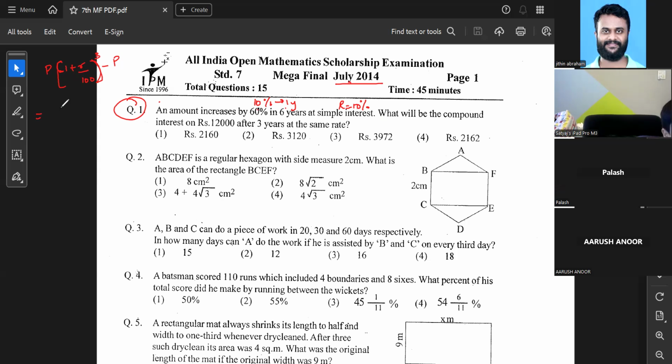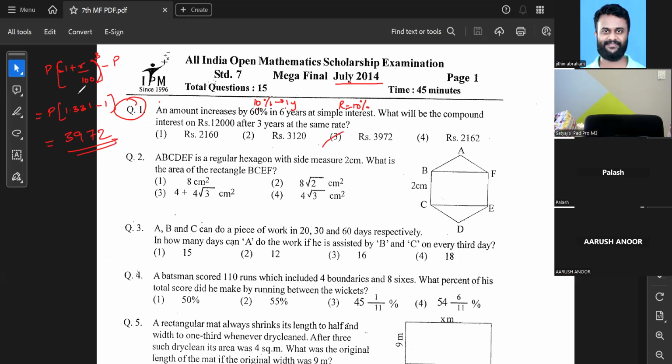So your answer will be P(1.331 minus 1). Principal is 12,000. 12,000 multiplied by 0.331 is 3972. Yeah, option 3 will be your correct answer.